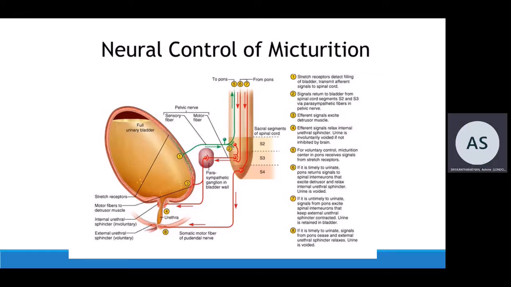So you've got motor neurons which go via the pudendal nerve to your external urethral sphincter, and this contracts and keeps it closed so you don't have any accidents and you retain your urine until you're ready to void. Then when you voluntarily decide to void, this all relaxes and you can empty your bladder.